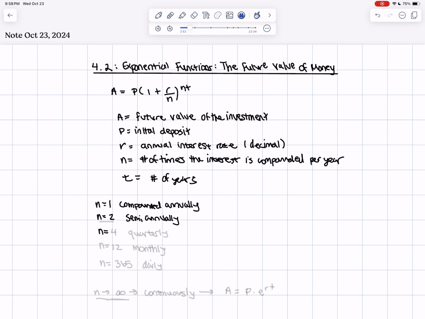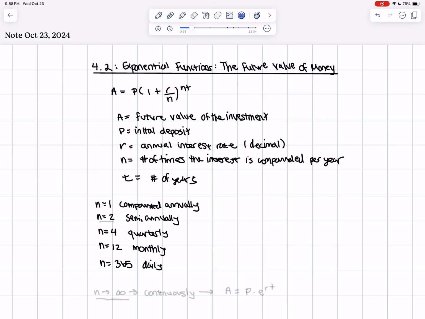N of 4 would be quarterly. N of 12 would be monthly. And then if they said daily, it'd be an N of 365, because that's a whole year. So 365 days is a whole year. So now we have the basic setup and information to do these problems.